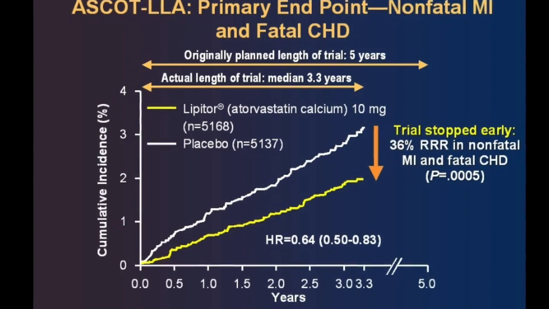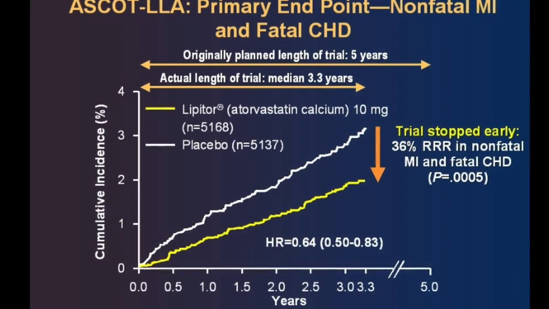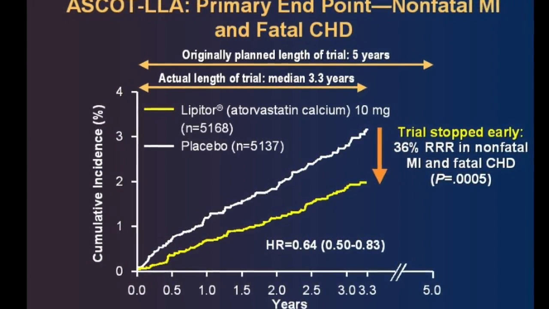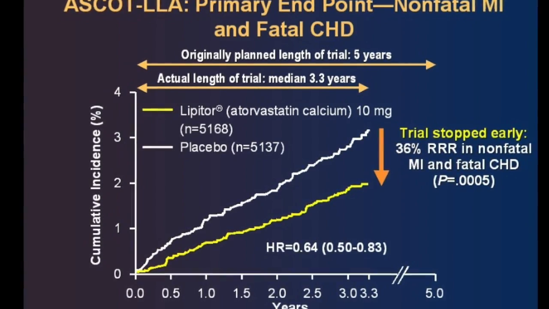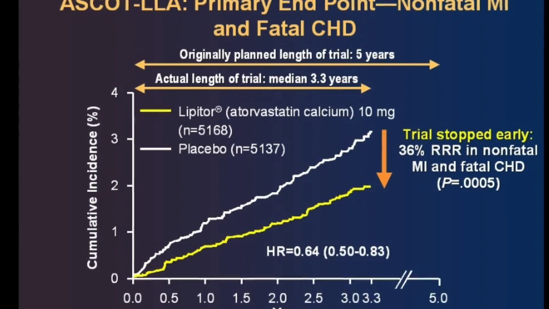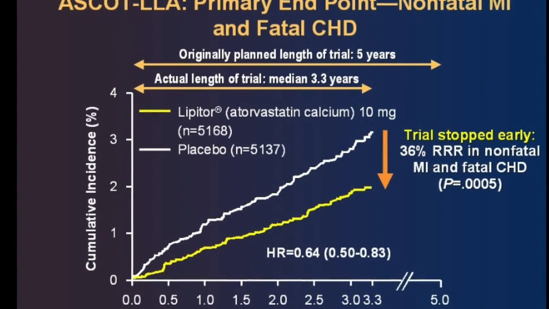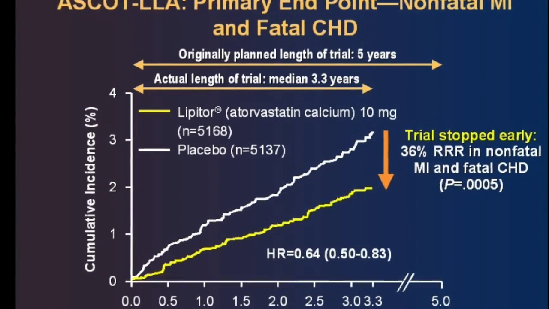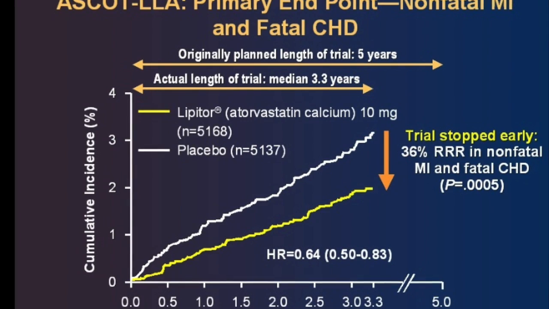And in 3.3 years, the trial had to be stopped because there was a 36% reduction in MI. Projected at 5 years, the reduction in risk was 50%. Note the slope of the curve diverged from the origin.